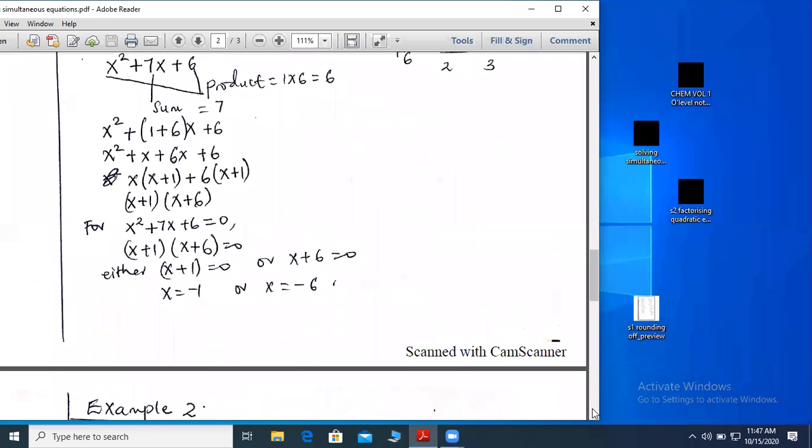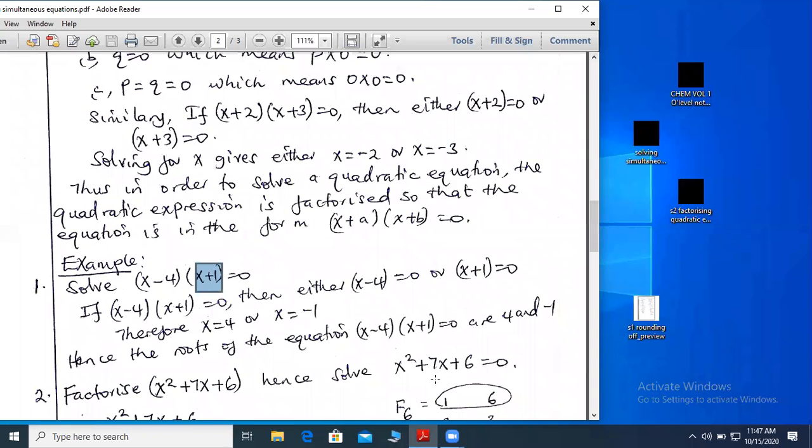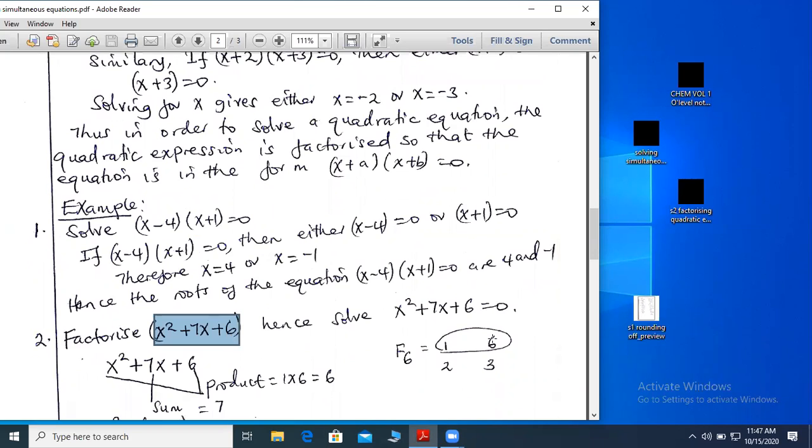Let us look at this example, which they are asking us to factorize and hence solve. So you are going to first get the factors of this quadratic equation. Then after getting the factors, you just equate to 0, and you get the values of x.